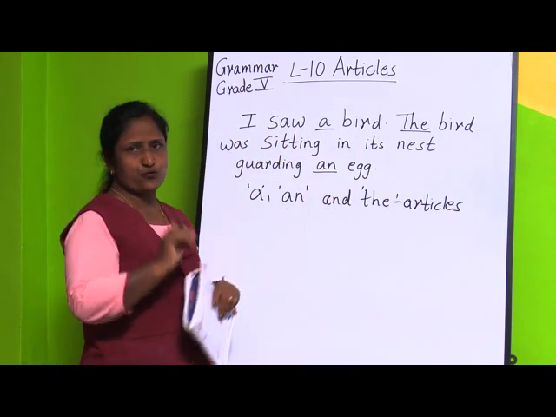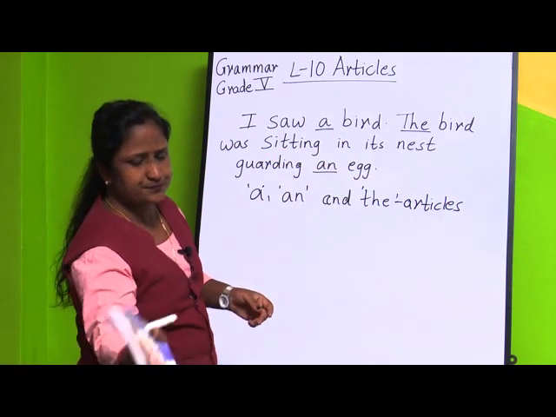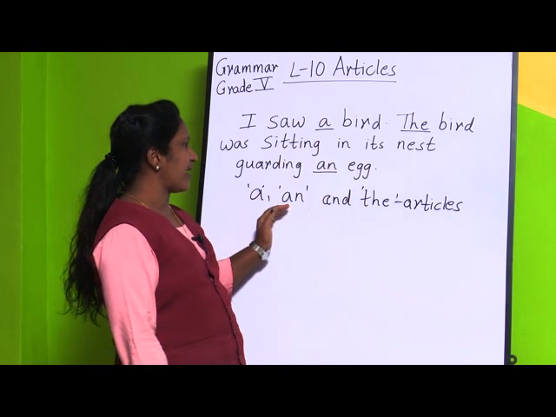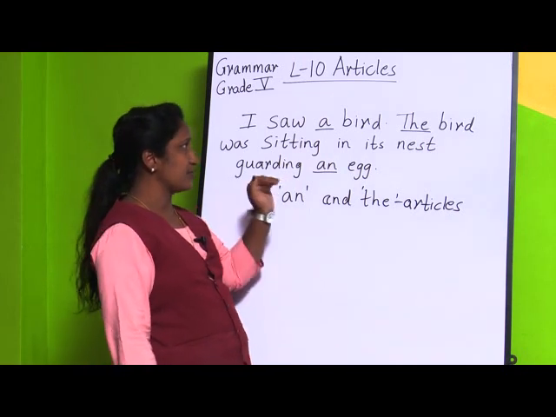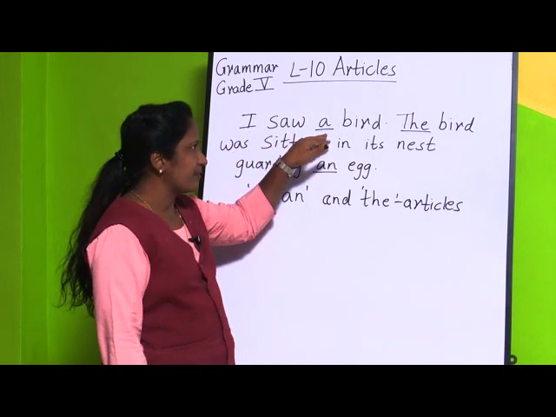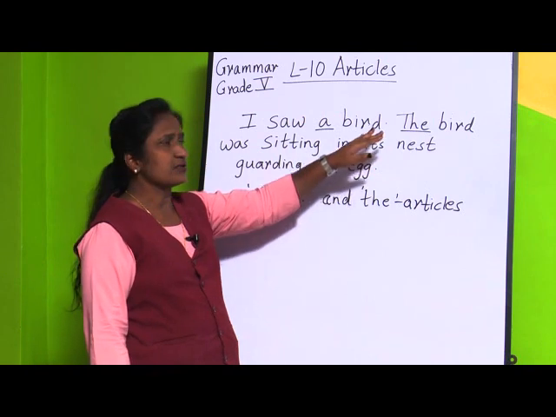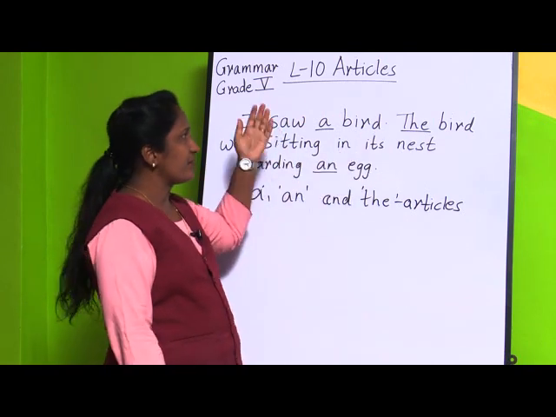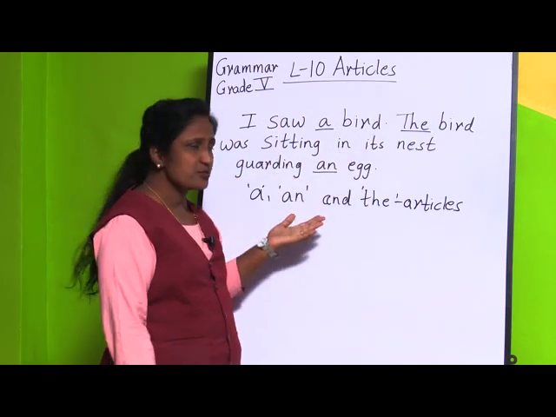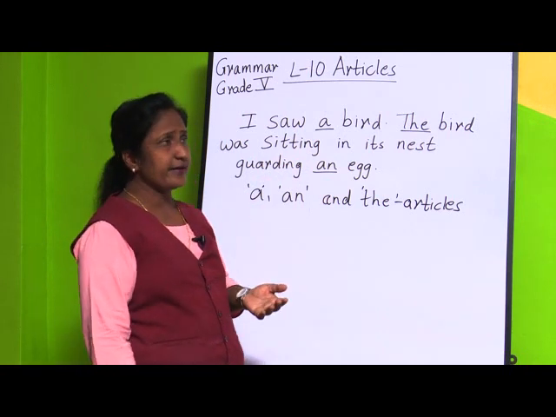There are two types of articles. Children, now I have told you these are three articles, a, an and the. In the sentence over here, I saw a bird, a is an article. The bird was sitting in its nest, the. Why we are going to use a, an or the wherever it is necessary, we will be studying later.